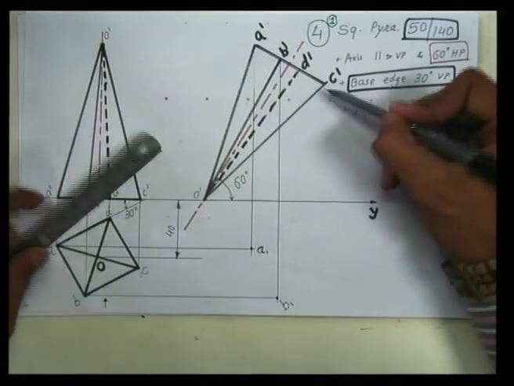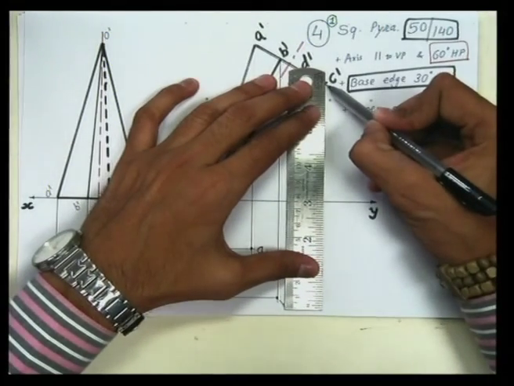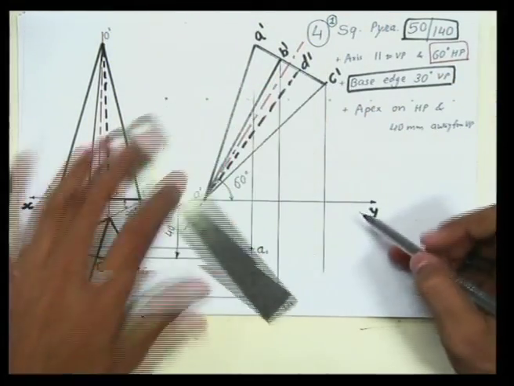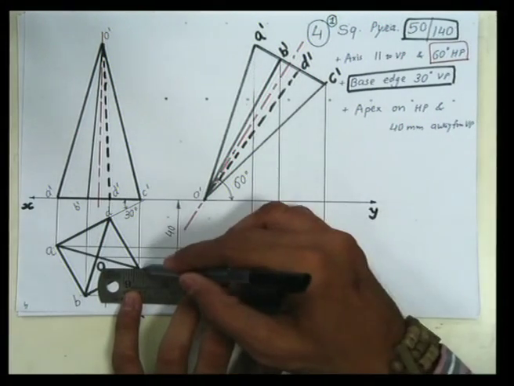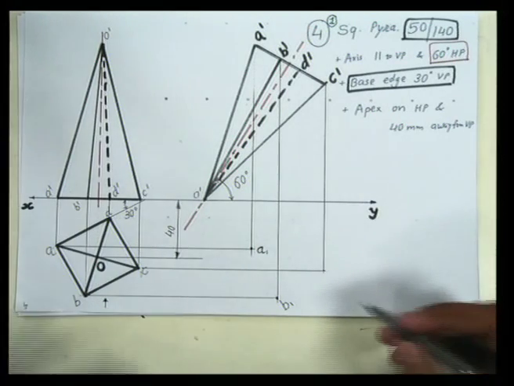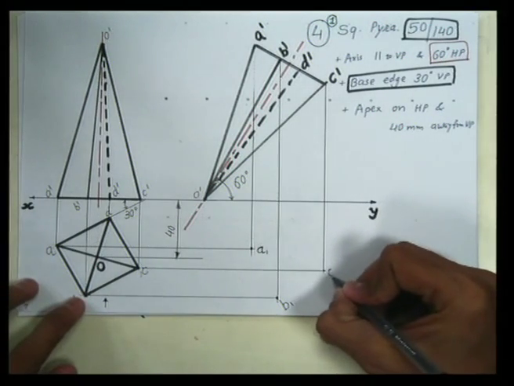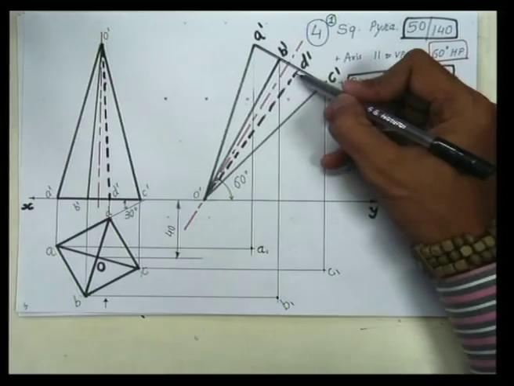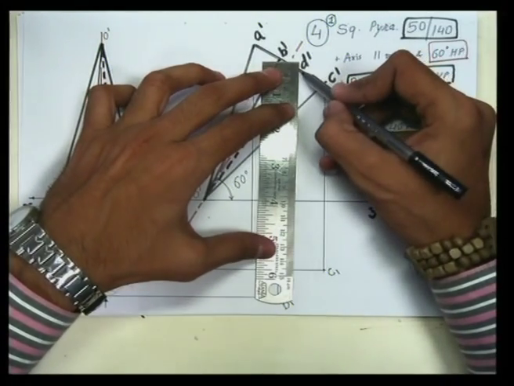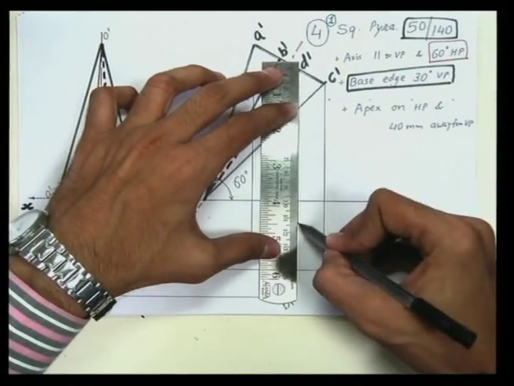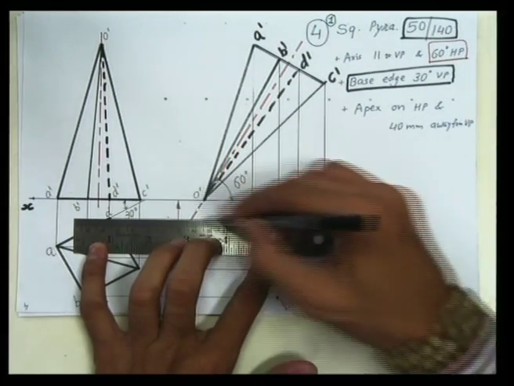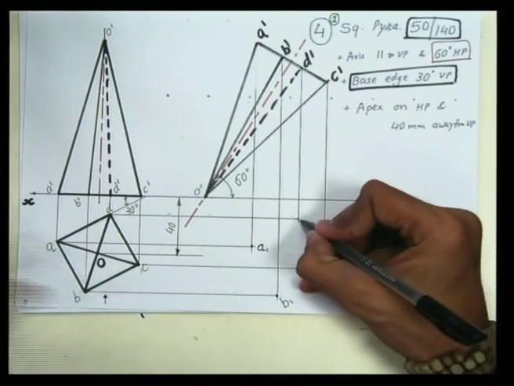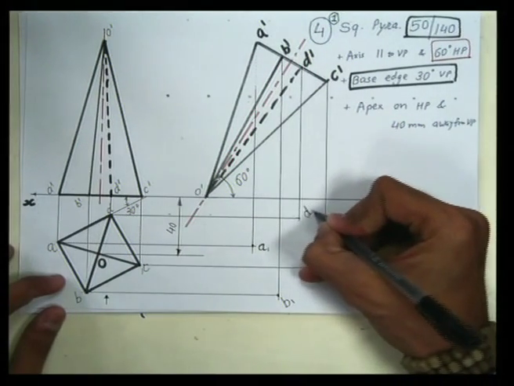Now point C, with a similar exercise: a vertical line from point C dash like this, and a horizontal line, that is the projection line from point C, like this, and both will meet at one point, and this is point C1. Similarly, D dash point is here, so a vertical line from point D dash and a horizontal line from the top view of point D, it is somewhere here, that is point D1.